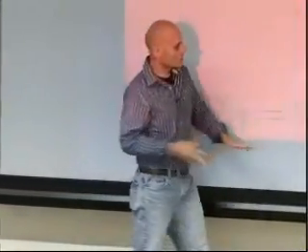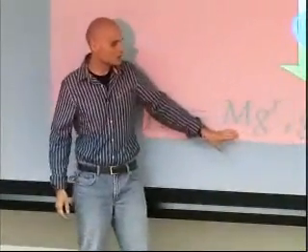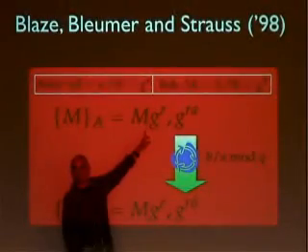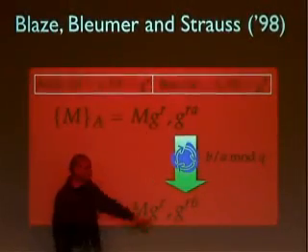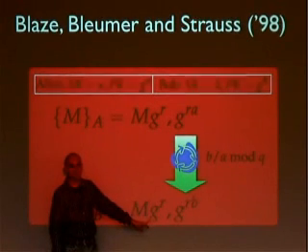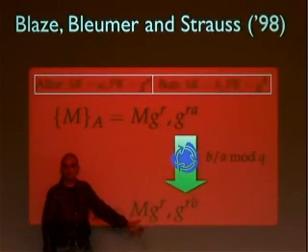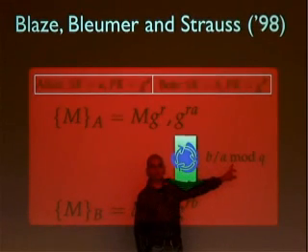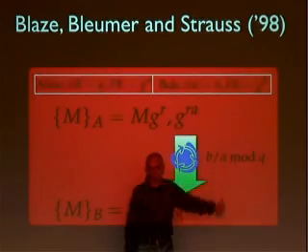And I want to come up with something that will allow me to go from here, which is an encryption for Alice, to here, which is an encryption for Bob. One way they do it is by releasing b divided by a mod q, where q is this prime number.